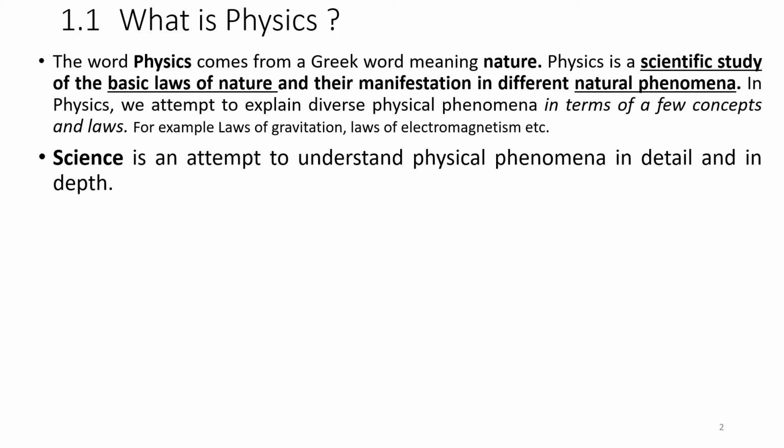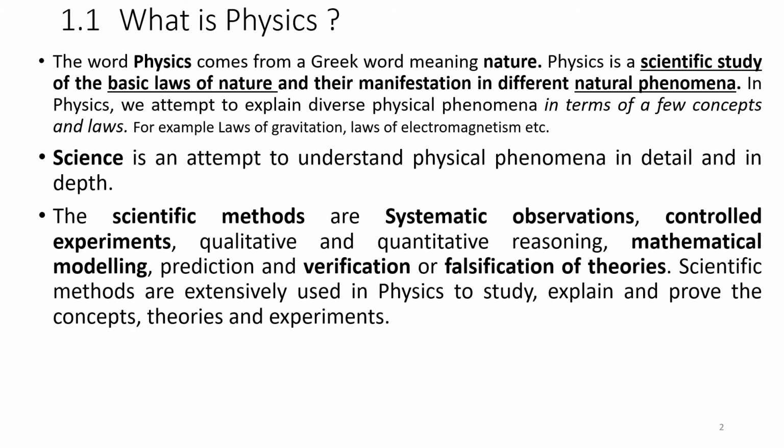As we have said earlier, physics is a scientific study. So, what is science? Science is an attempt to understand physical phenomena in detail and in depth. And the methods adopted to understand science are scientific methods.